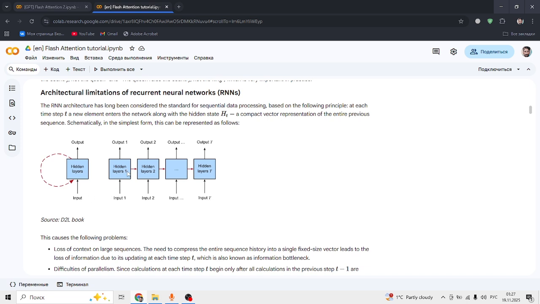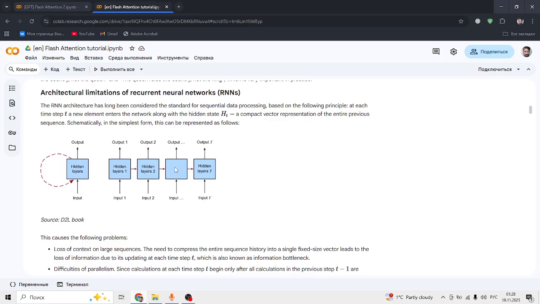We have such a scheme where we can see that it has hidden states, where the hidden state is a compact vector representation of the entire previous sequence. So how it works: we have an input, we pass this through our hidden layers, and we get the first output for the generation. For the second input, we use the previous information from the previous hidden state.